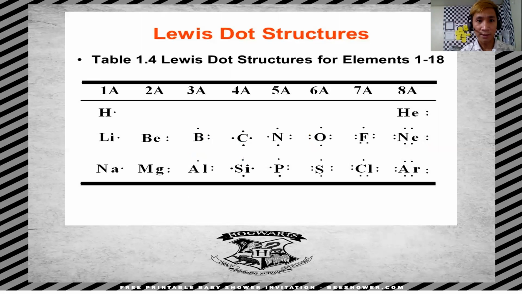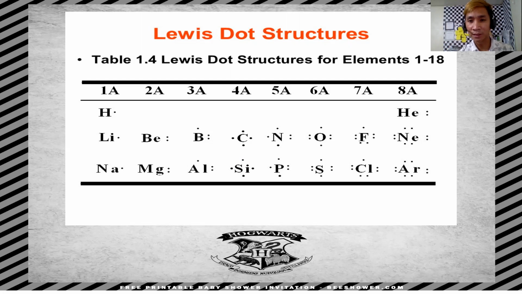So this is how you show the Lewis dot structure for the elements 1 to 18. For group 1A, it usually has 1 valence electron, so just 1 dot. And then 2A, we have beryllium, so 2 dots means we have 2 valence electrons, and so on and so forth. If you notice here, group 8A is called the noble gases.